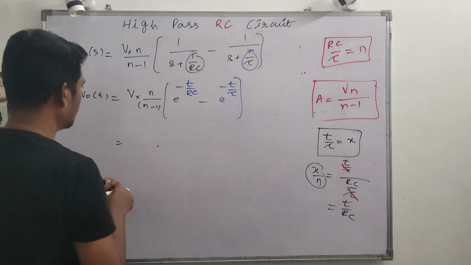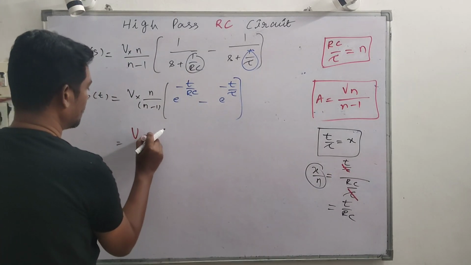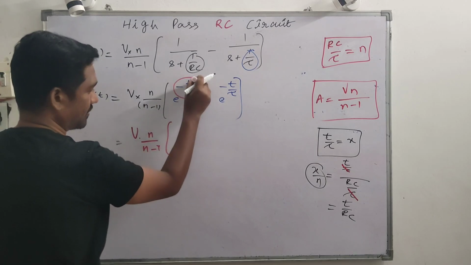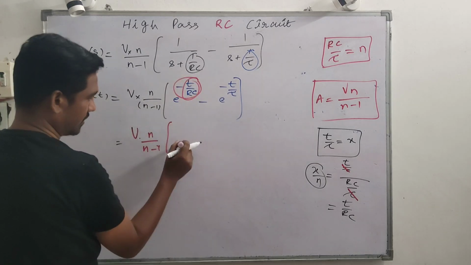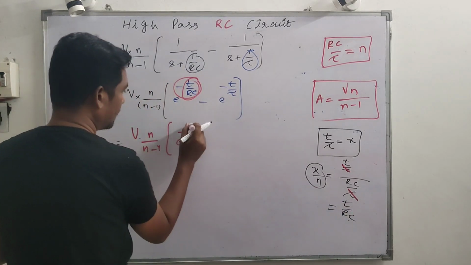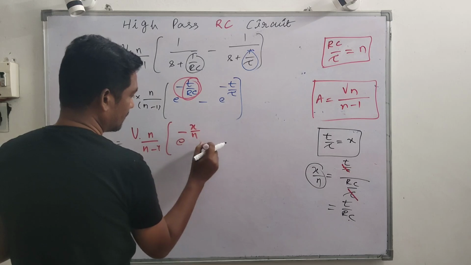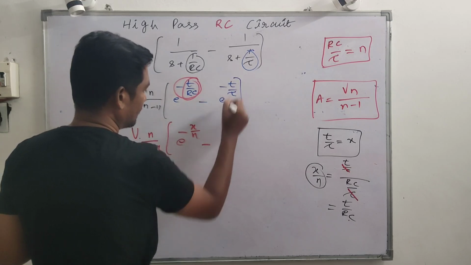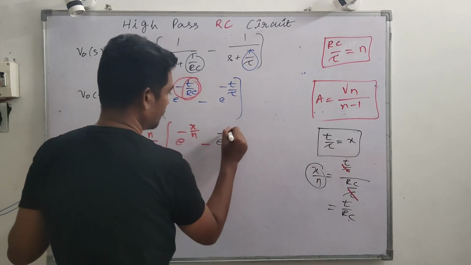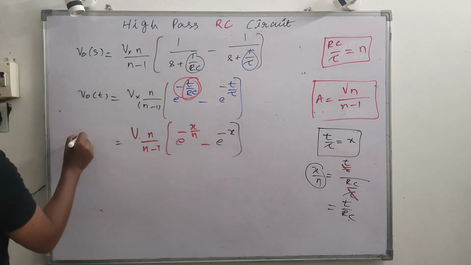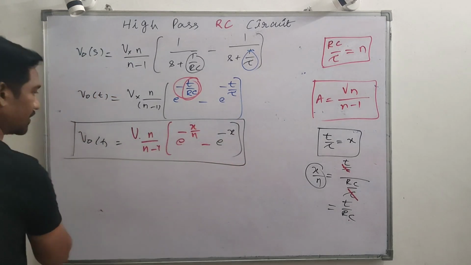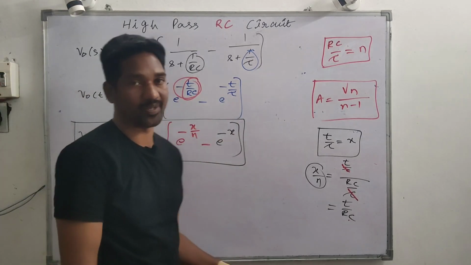So here comes v times n upon n minus 1, and the entire e raised to negative t on rc, that will be x on n, minus e raised to minus t on tau, which is x. So this is the v naught of t, the response of a high pass RC network for exponential input. That's it.